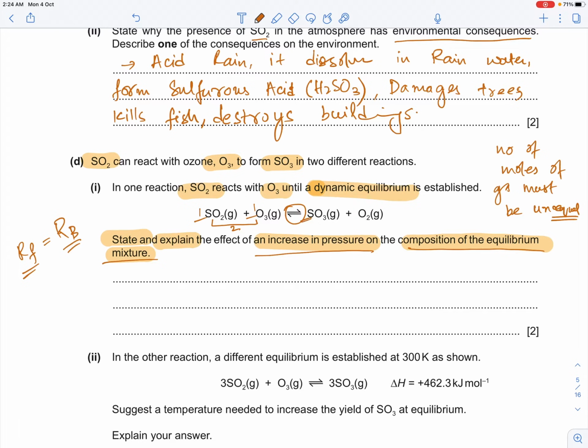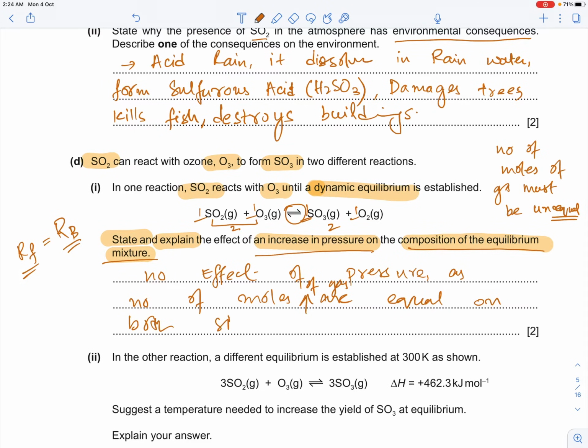On the product side we have 1 mole of sulfur trioxide, 1 mole of oxygen. So on both sides we have 2 moles. That means no effect of pressure, as the number of moles of gas are equal on both sides.